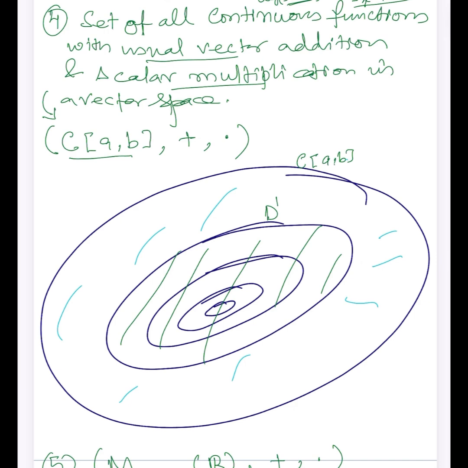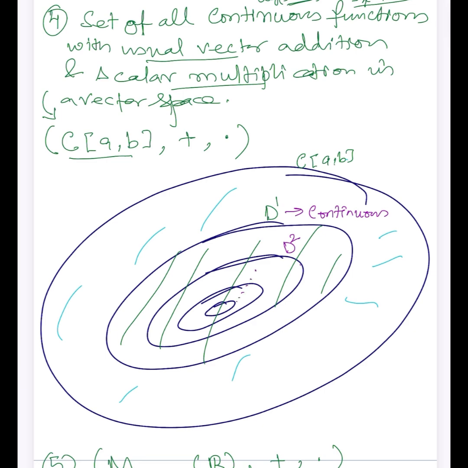Now one more point: if I say D2, D2 means second-time differentiable. Second-time differentiability requires at least that the first derivative be continuous, then I'm able to differentiate. You got my point or not? So the second-time differentiable space will be smaller, right? So this will also form a vector space, and so on.